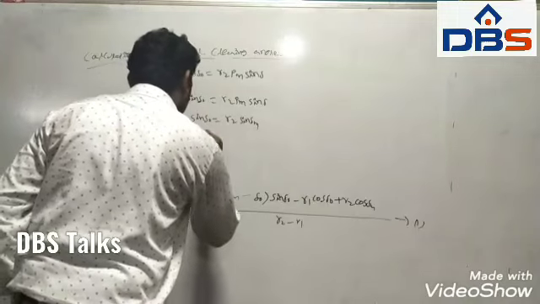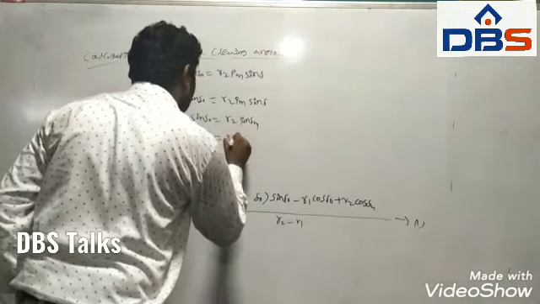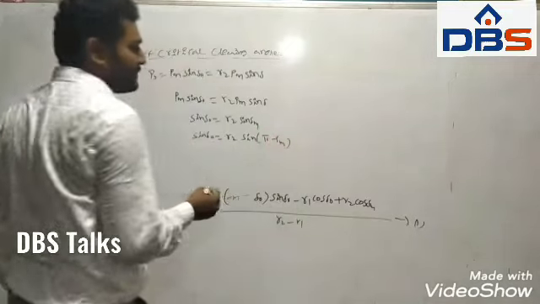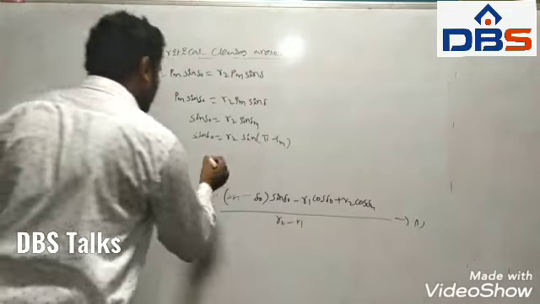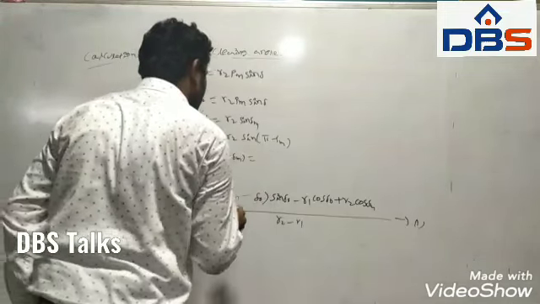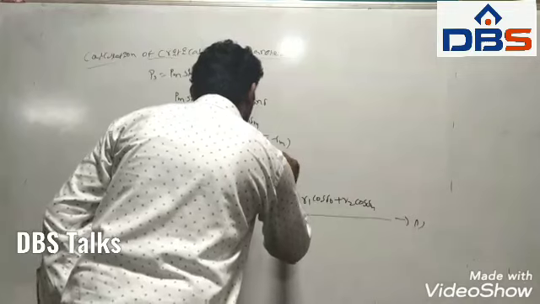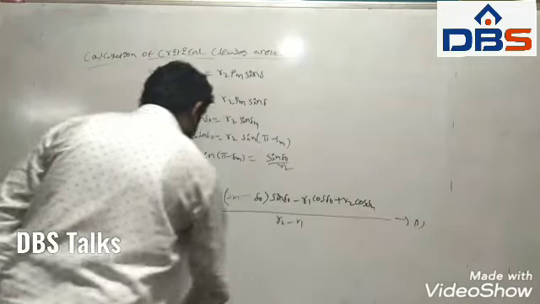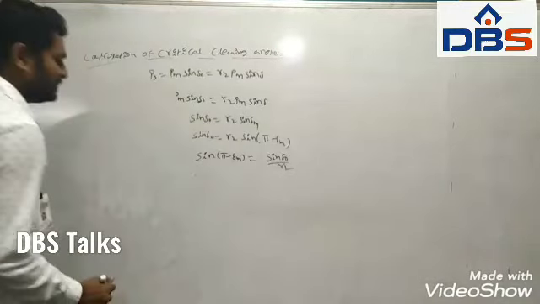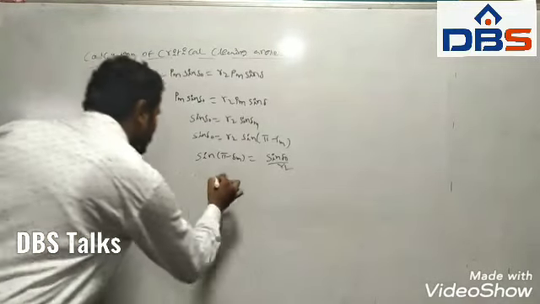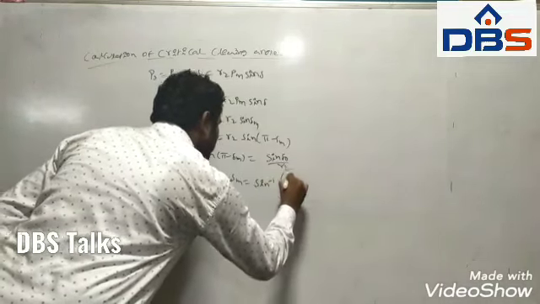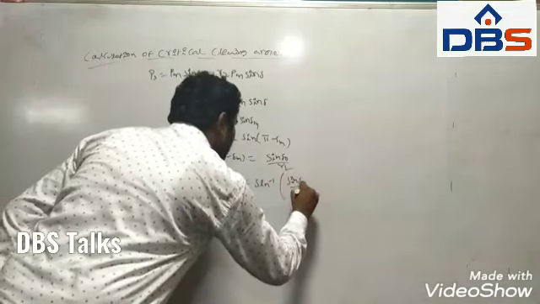So here sin delta naught is equal to r2 into sin delta M, here I am writing sin of (pi minus delta M). So from this one we are writing sin of (pi minus delta M) is equal to sin delta naught by r2. So pi minus delta M is equal to sin inverse of (sin delta naught by r2).